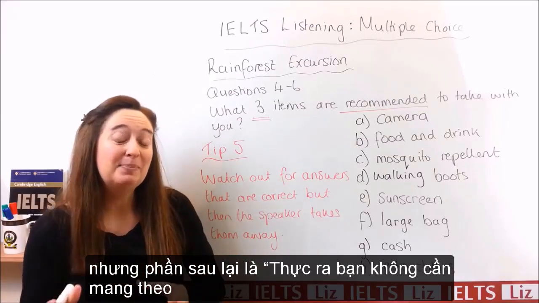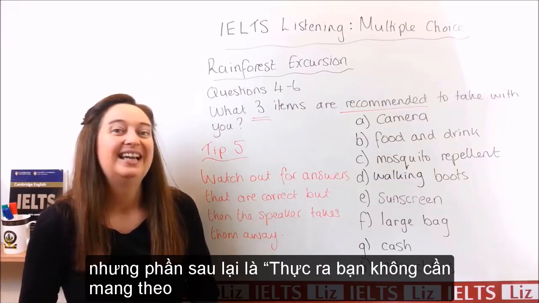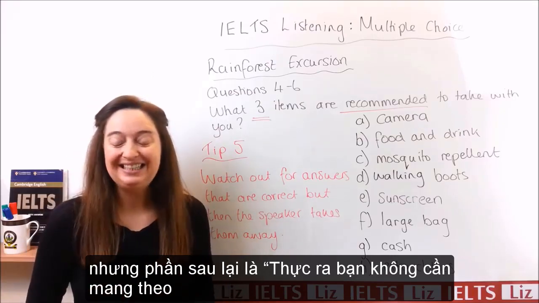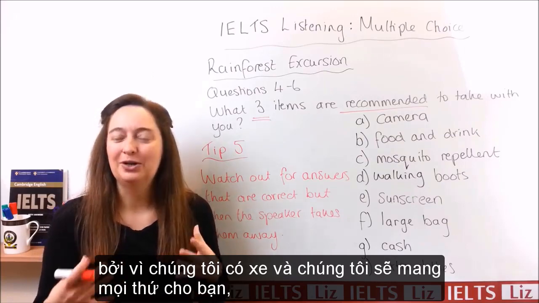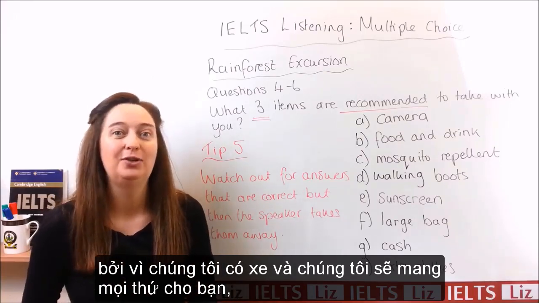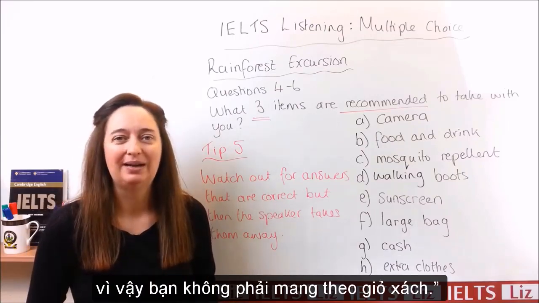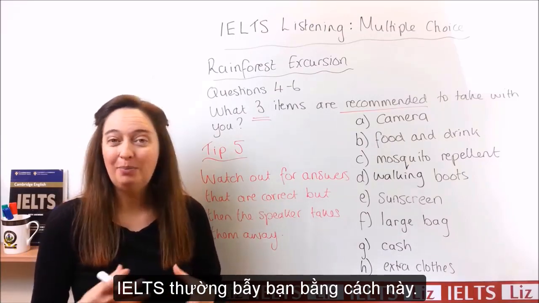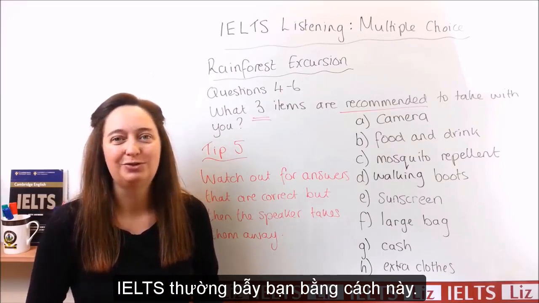But the second part of the sentence says, actually, you don't need to take a large bag because we have a vehicle and we will take everything for you, so you don't need the large bag. So that's a common way that IELTS try to trap you.